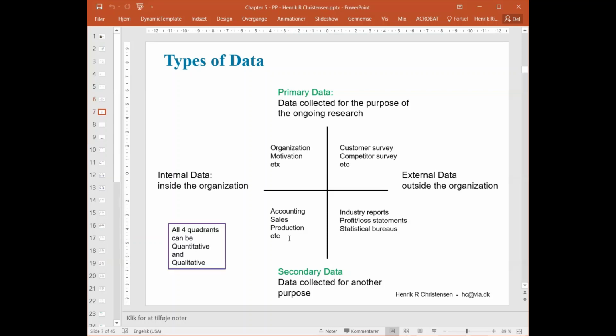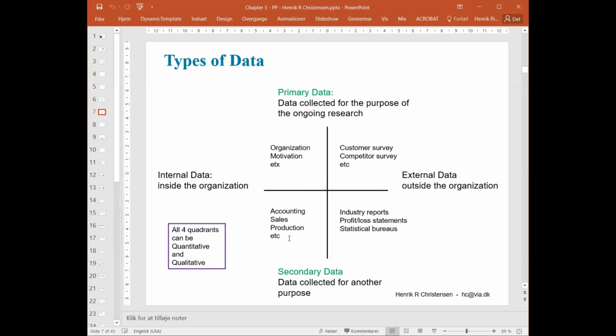Now, what about the other quadrants here? Well, if we look at secondary data and external, I have already mentioned industry reports as one example. Or it could be, if you're doing a competitor analysis, it could be the profit and loss statements from your competitors. It could be statistical bureaus like the Danish Statistical Bureau. It could be Eurostat.